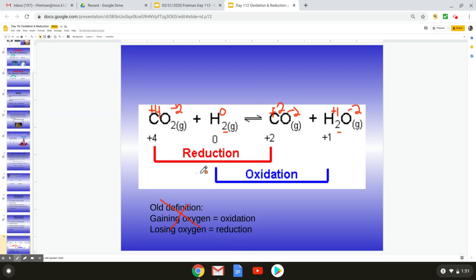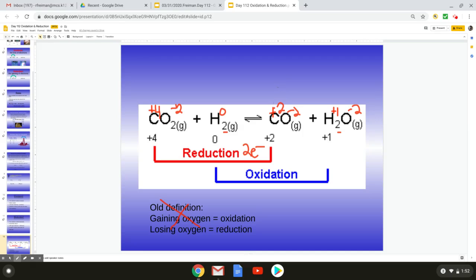Going from +4 to +2 means it has gained 2 electrons. I know it's gained electrons because it gains things that are negative, and you're taking your oxidation number from +4 and reducing it to +2. So in reduction, you're actually reducing the oxidation number. From +4 to +2, that has decreased. So that's our reduction half reaction.